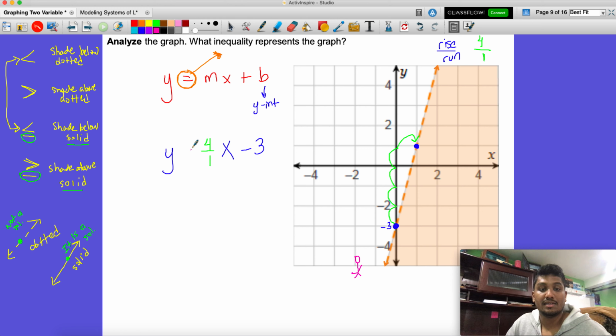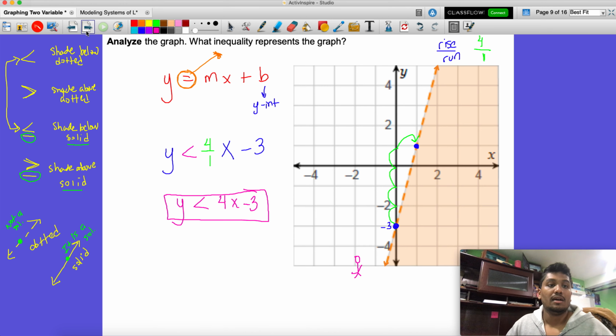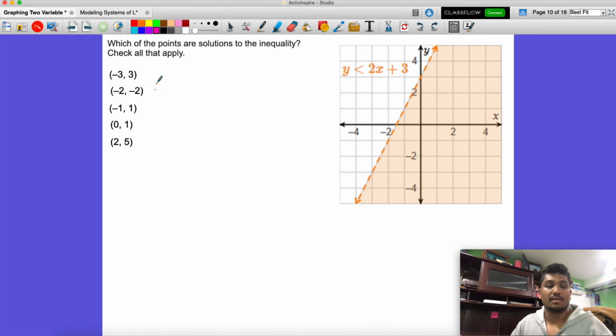So that'd be a less than. So if we clean this up a little bit, this would be y is less than. Now 4 over 1, you can totally leave it like that, but I'm just going to write it as 4, since 4 divided by 1 is 4, 4x minus 3, and this will be the inequality that represents this graph, right? I think we should probably do a couple more examples like that.